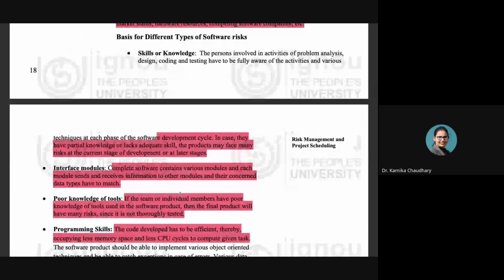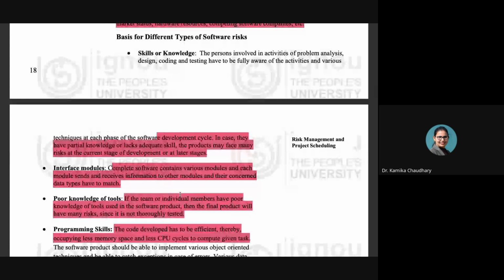It could be at the current stage of development or at a later stage, because a number of people are involved in the overall development of the software. People are involved in the requirement analysis phase, the designing phase, the coding phase, then the testing phase, the maintenance phase, and many more phases, right?